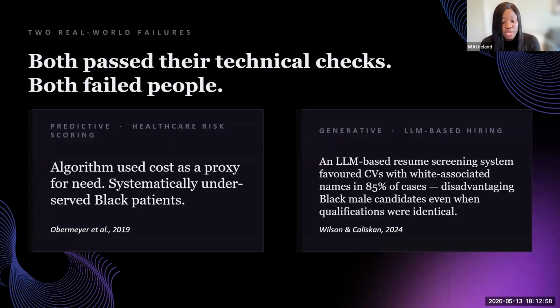And the result: the system favored CVs with white associated names in over 85% of cases, consistently disadvantaging Black male candidates specifically, even when their qualifications on paper were basically identical.